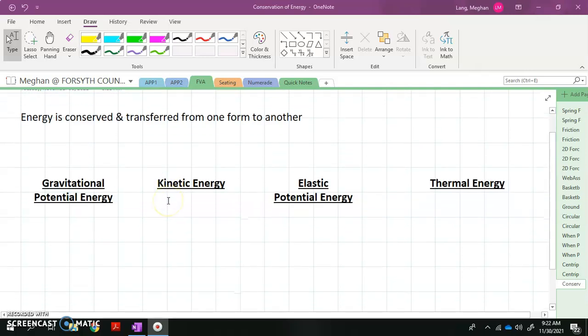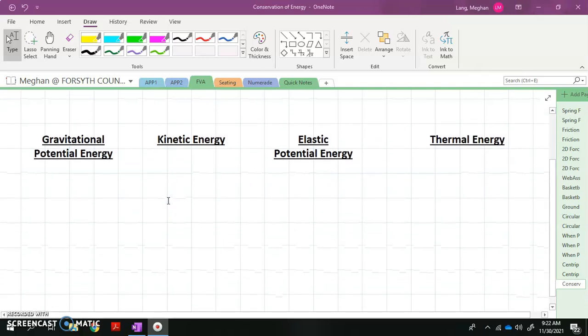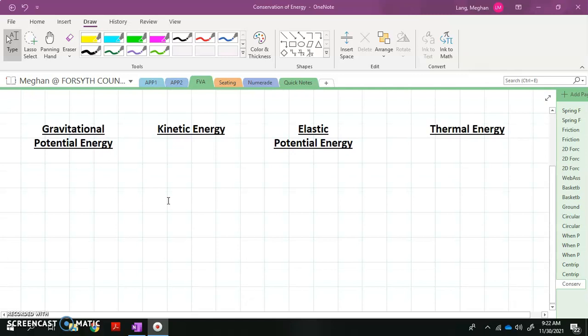We will focus mainly on these 4 types here that I have already typed out, okay? So these, for the most part, you have probably heard of them before, okay? I'm going to start by giving them a definition and an equation, and then we'll apply those ideas to a couple of different scenarios.